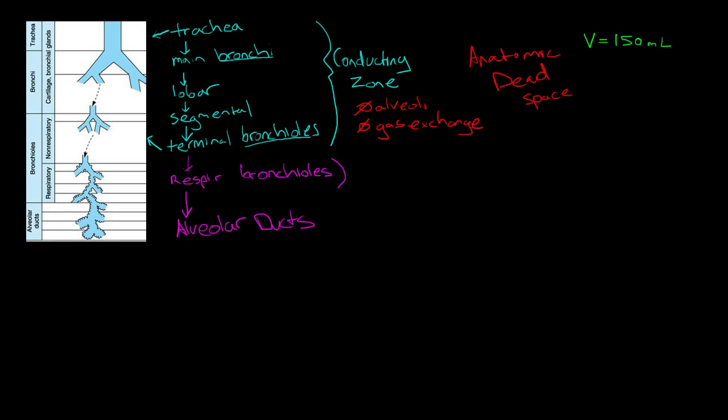This region, this zone of the airway, we're going to call the respiratory zone, which makes sense because this is where most of the respiration is going to happen. We can also call this region or this unit an acinus.